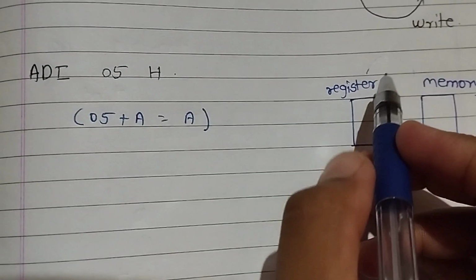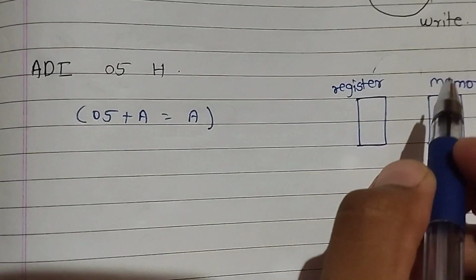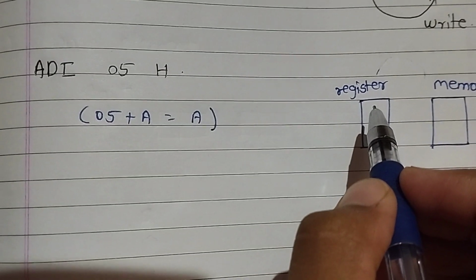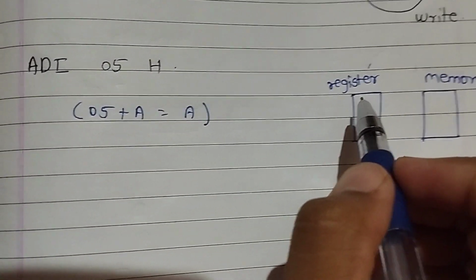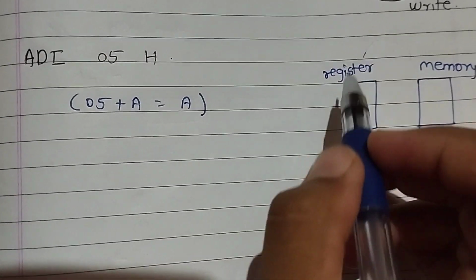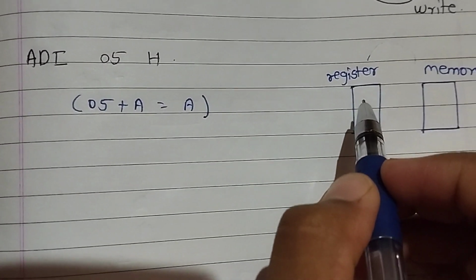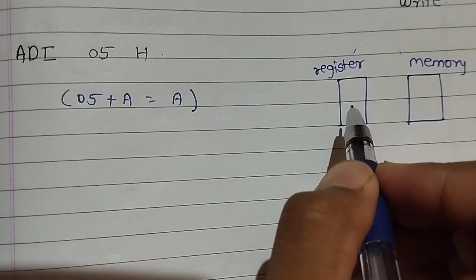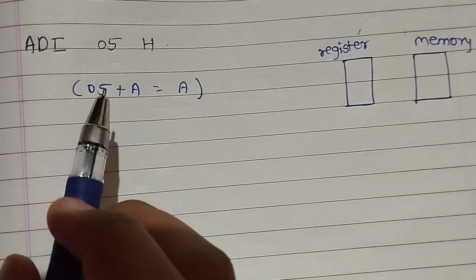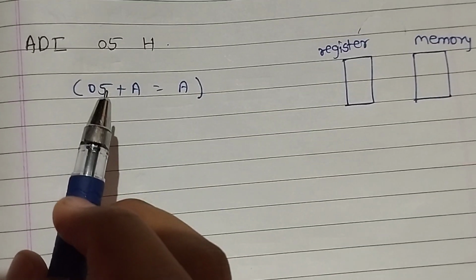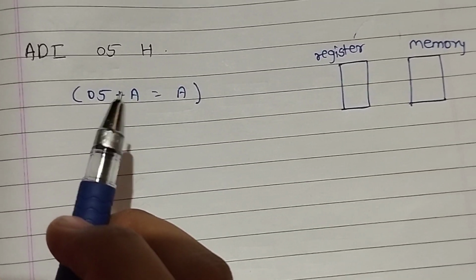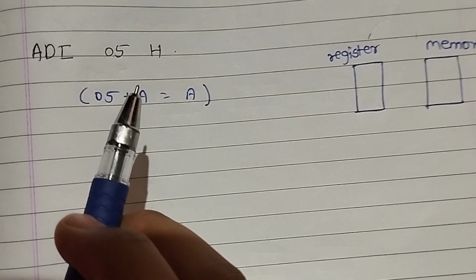At that time we perform a read operation. When the data 05 is transferred to the register for the addition, we perform a read operation, and the result is also stored in the register, so there is no need to write the result into the memory. So for this instruction we use only two machine cycles. First is opcode fetch and second is the memory read machine cycle.